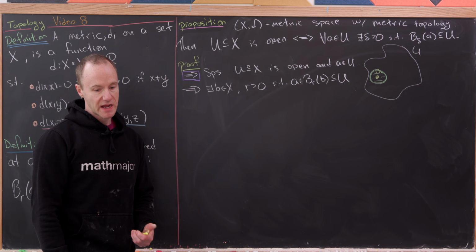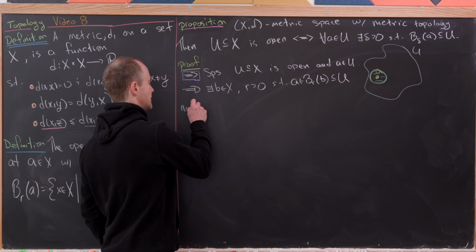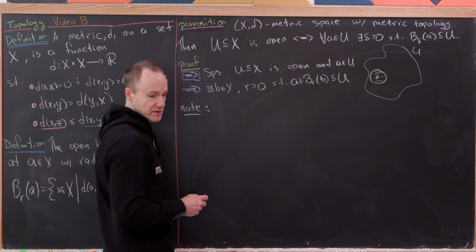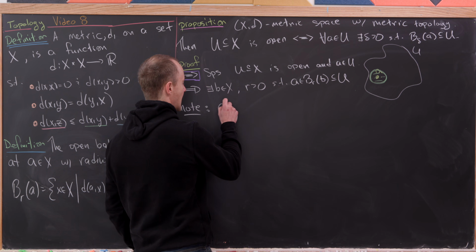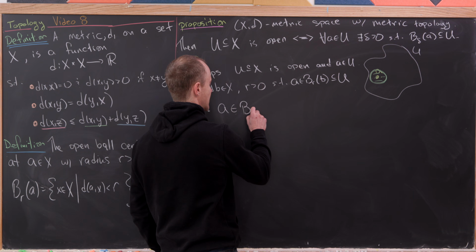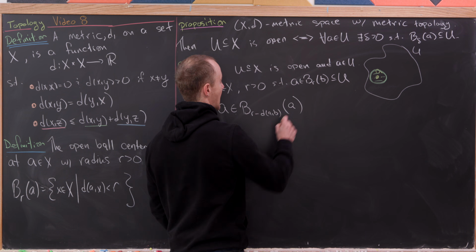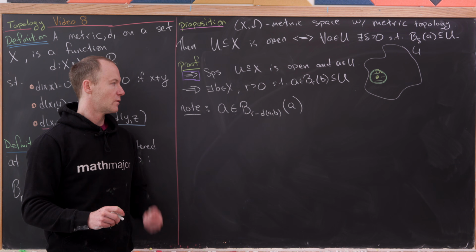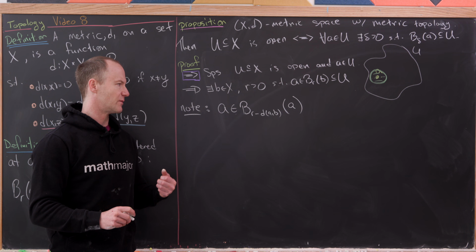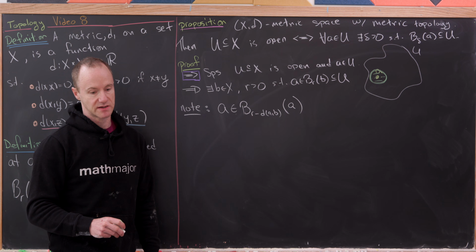Okay, so now here's what we'll do from there. It just is a pretty straightforward calculation, and what we'll see is that A is most definitely going to be inside of the ball of radius r minus the distance between A and B centered at A. Well, notice that A is inside of the ball of radius anything centered at A. That's not surprising.